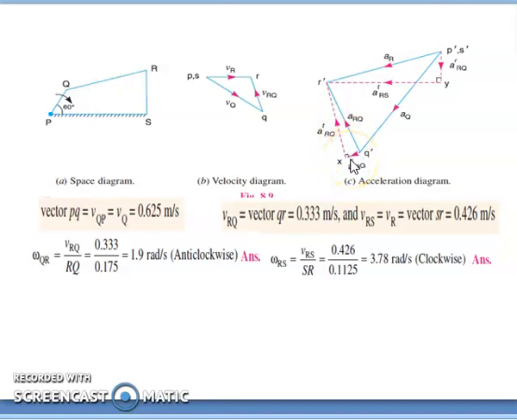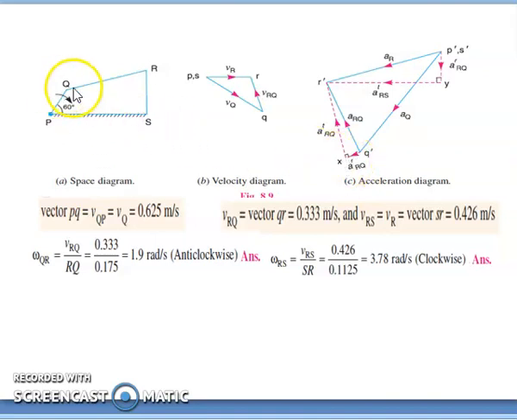You can find out the magnitude by VRQ squared divided by RQ. From that you can find out the point X, because we know both the direction as well as the magnitude.